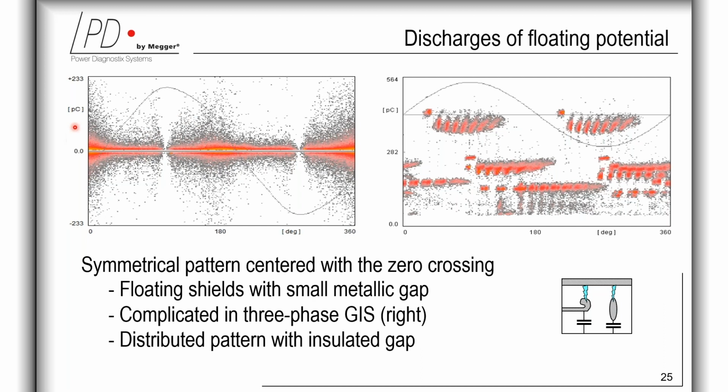And this last pattern on the left-hand side shows where the floating potential is covered with insulating materials. So here, instead of a metallic gap, you have some small insulation particles, let's say. The discharge magnitude varies due to the time lag of the charge carrier generation, while at the small area of the test voltage peak, the maximum, it remains clear. So looking at all these patterns, it still does not change the general behavior of floating potential.